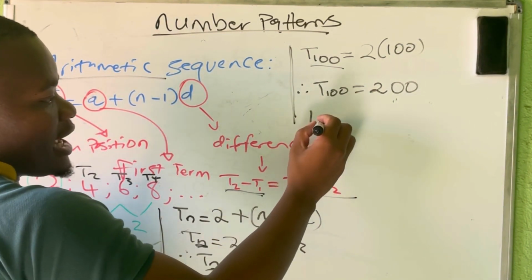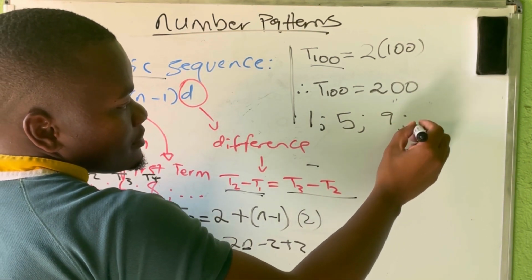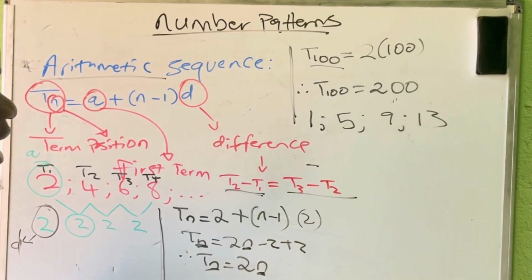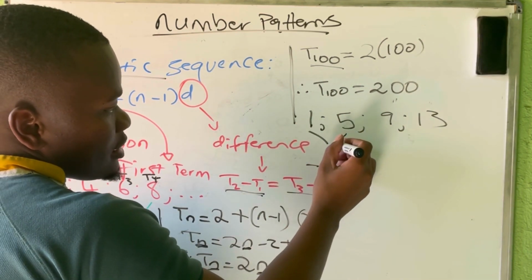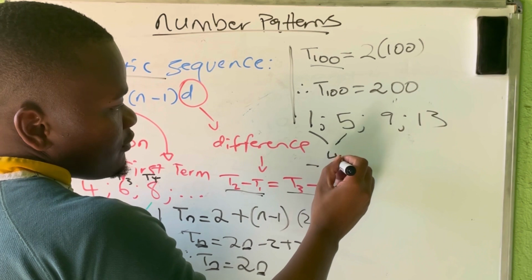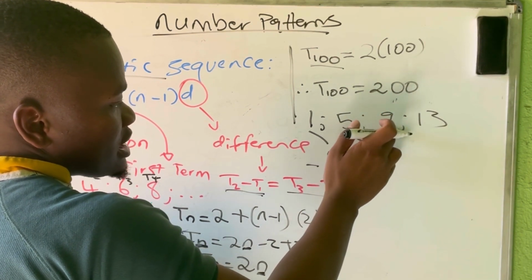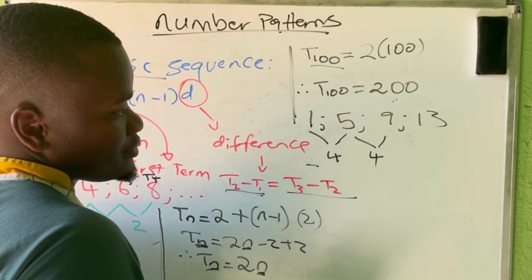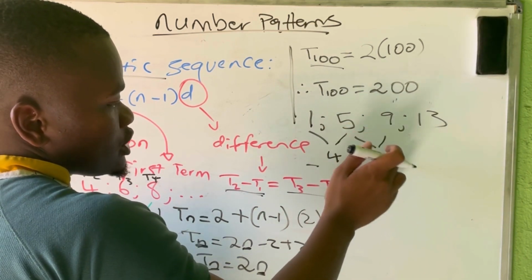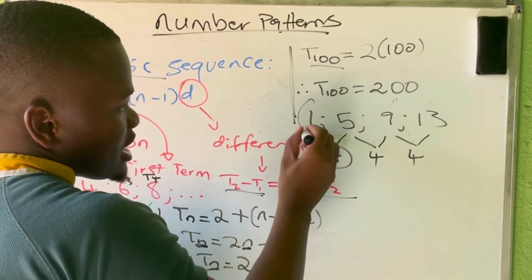Whether they give you 1, 5, 9, 13. So you check. T2 minus T1 is 4. T3 minus T2 is 4. T4 minus T3 is 4. That means this is your difference, and that's your first term.